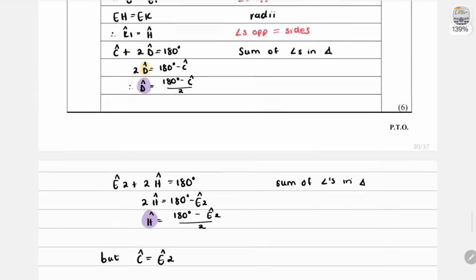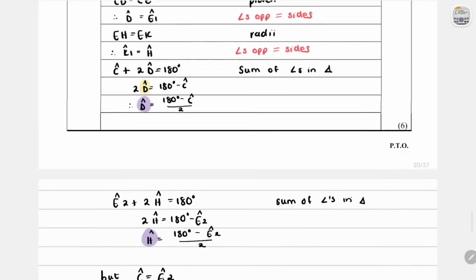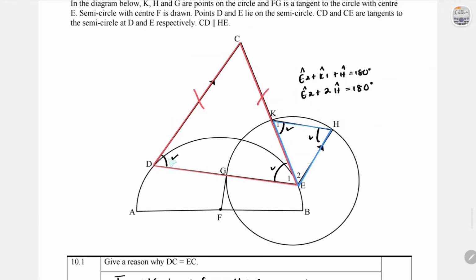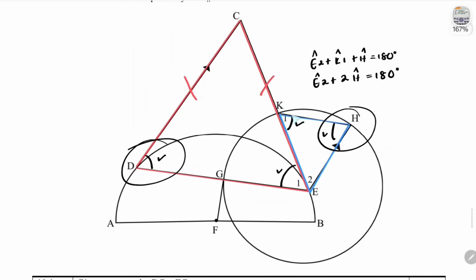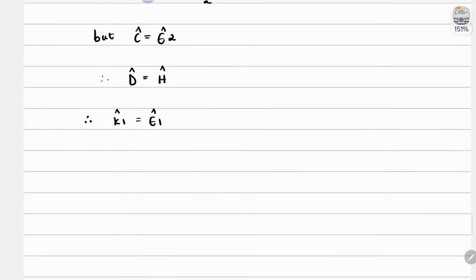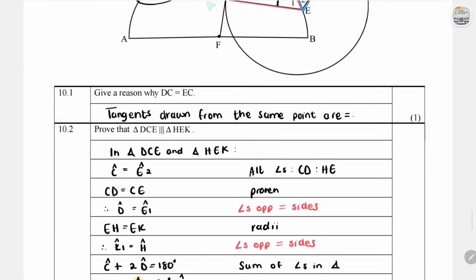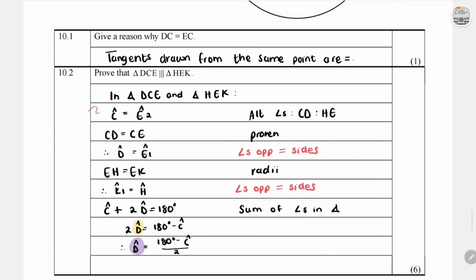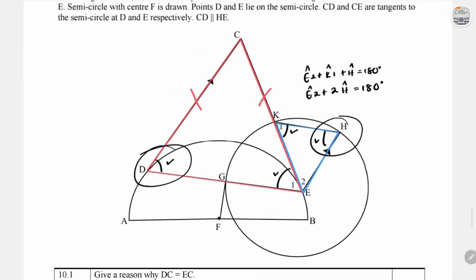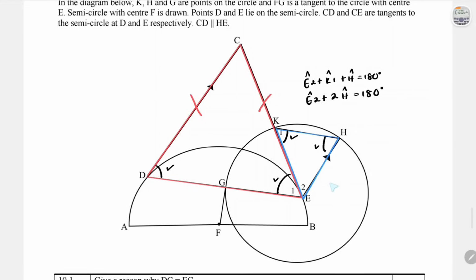So you've got two angles equal in those triangles, angle D and angle H. So this is actually equal to this. So we can just conclude that angle K1 and angle E1 are also equal. Okay, and that covers the three angles in each of these triangles. So it's the angle C and angle E2, these two angles first.